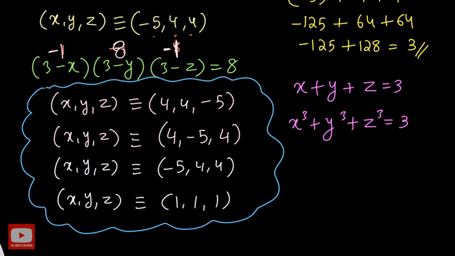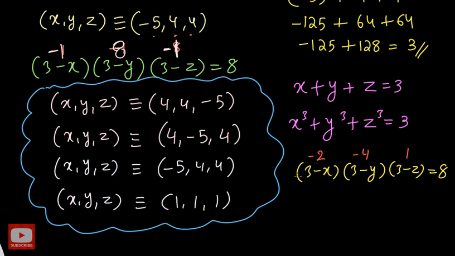Yes, there can be, but I am saying there are not, because if you take this equation, 3 minus x into 3 minus y into 3 minus z equal to 8, we saw the possibility of 2 into 2 into 2 and 8 into minus 1 into minus 1, right? We can also go for 2 times 4 times 1, okay? Or you can switch around the signs, minus 2 times minus 4 times 1.